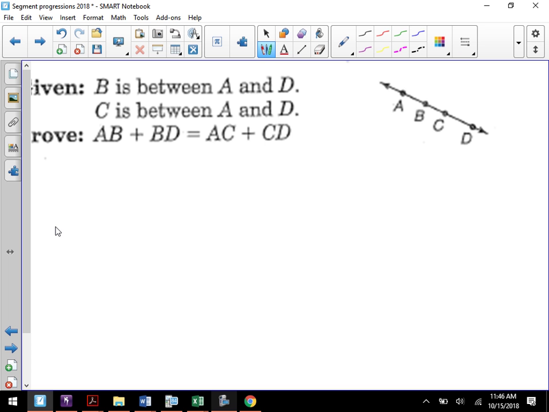It's the same thing as saying A, B, C, D are all collinear. They just wrote it out differently. Okay?